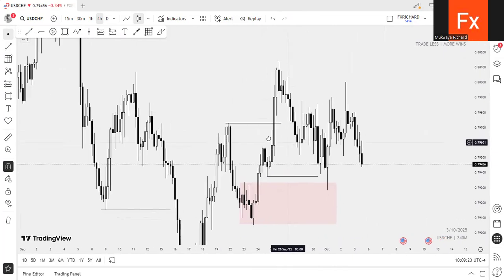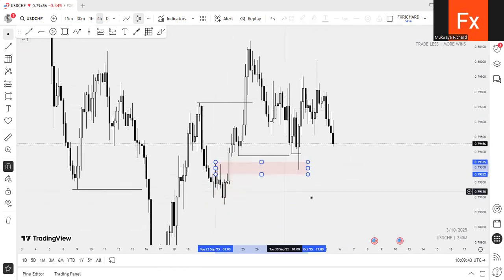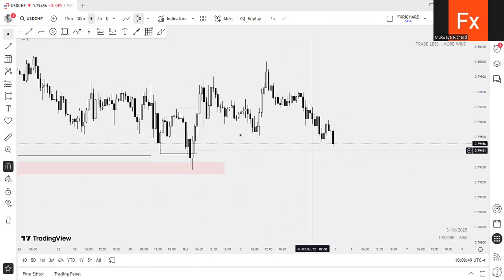Now here you can realize that even on this time frame, we had a sweep of liquidity. And do we have any break of structure to the upside? We have this as a break of structure to the upside. So if the market is offering something like that, then what we shall do is drop into the H1 time frame and start framing our trade or start looking for entries.